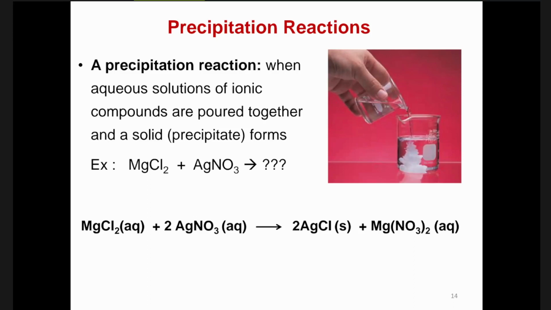So let's say if you pick up magnesium chloride and you put in the silver nitrate solution, you will have silver chloride precipitate and the magnesium nitrate dissolved in the water. For example, here you can see the phenomenon. You take the magnesium chloride solution and then you put the silver nitrate solution inside. You can see quickly the white powder appear.